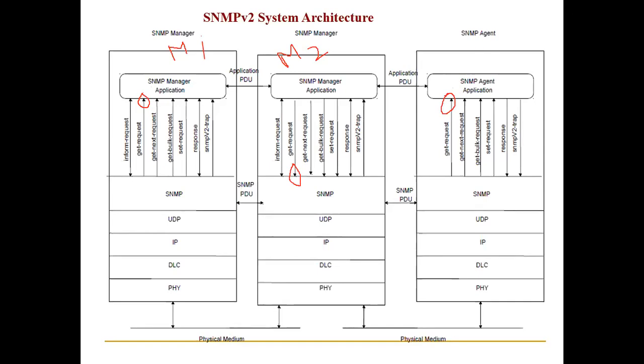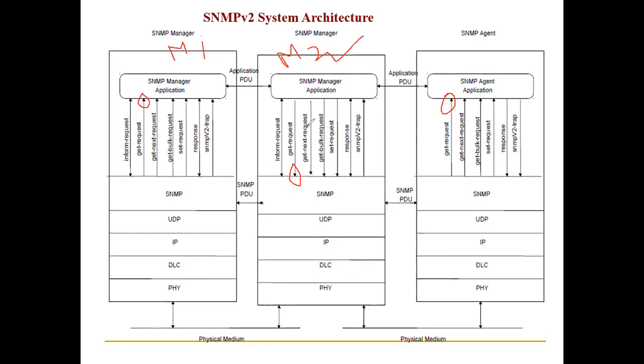Ma'am, because M2 is generating a request and the other manager is getting the request. And Saurav also wrote in the chat, yes. M2 is the main manager because the manager generates a request. Okay, so he is generating a request, so that's why the arrow goes down. The request might go to the agent, or it might be for the next manager. So this M2 is the main manager where I'm considering manager to agent communication.